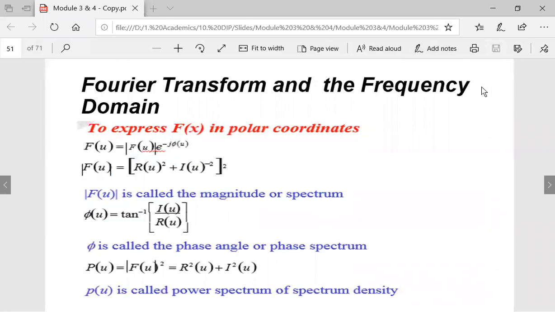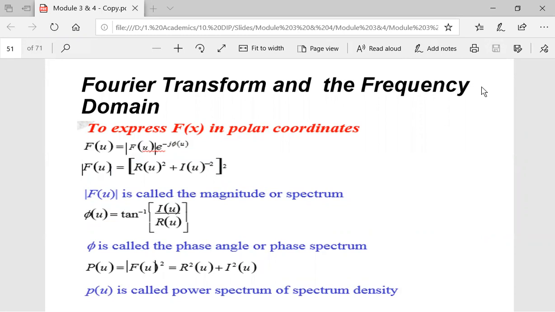Now we shall see some equations in the Fourier transformation. To express F of u in polar coordinates, we have certain things. We already know that F of u is equal to the magnitude of F of u times e to the power of minus j phi of u for the single domain.